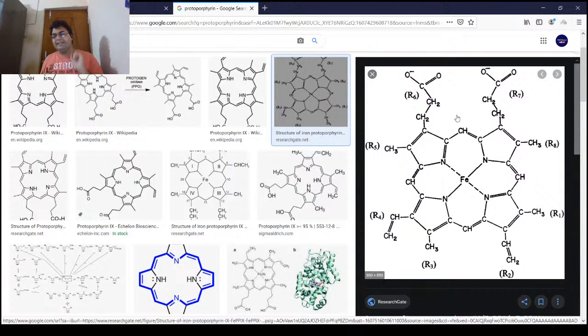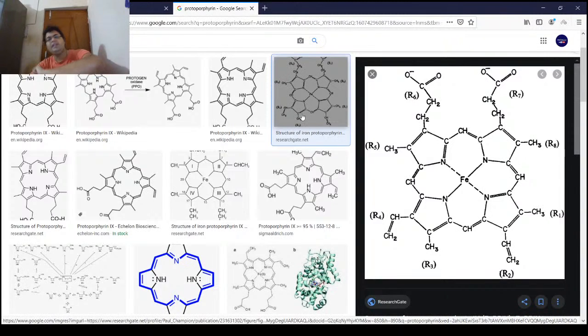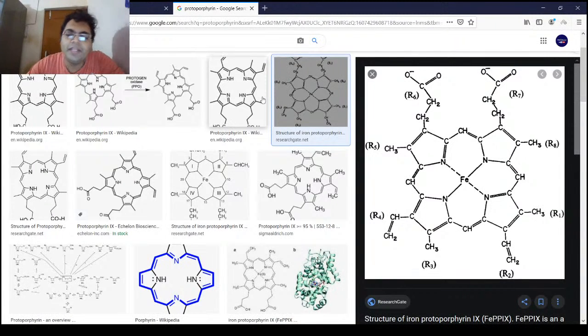That is why each hemoglobin molecule can carry, or bind to, four oxygen molecules, because the protoporphyrin ring attached to each hemoglobin polypeptide chain can attach to one oxygen molecule. So this is the type of ring which is present in cytochromes also.